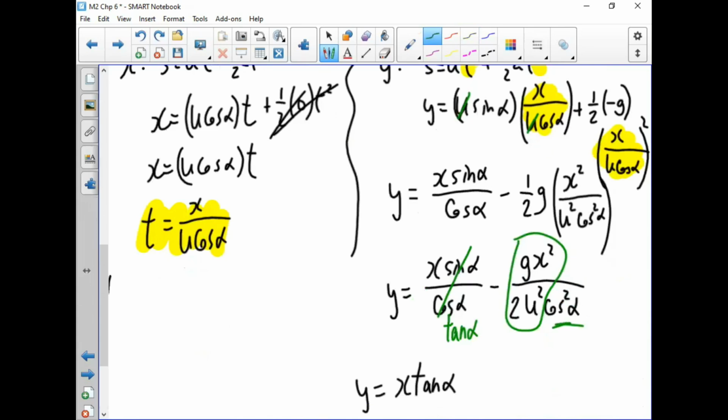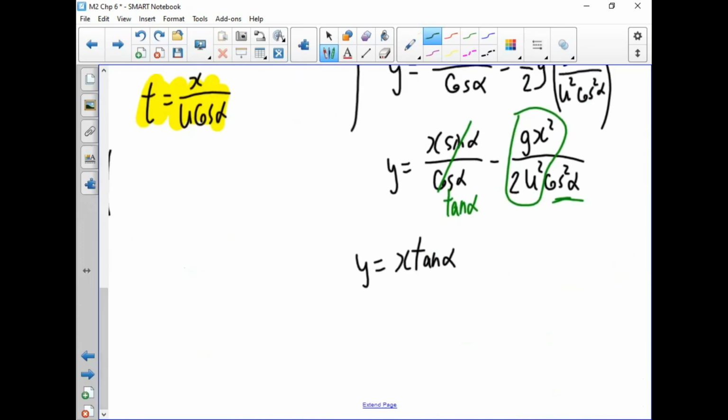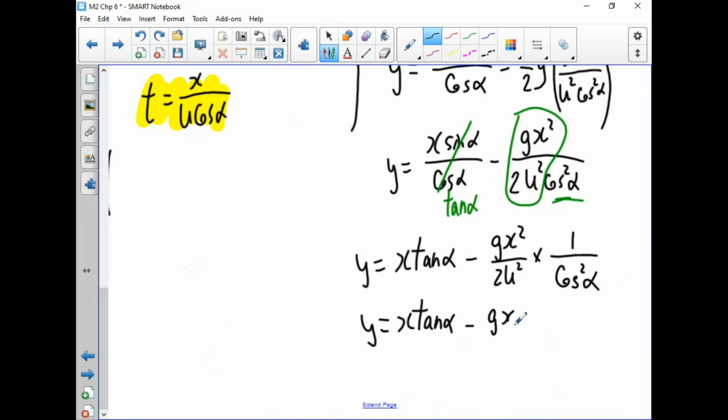So what I'll do is separate the two: minus gx squared over 2u squared times 1 over cos squared alpha. Now 1 over cos squared is sec squared. So y equals x tan alpha minus gx squared over 2u squared times sec squared alpha.